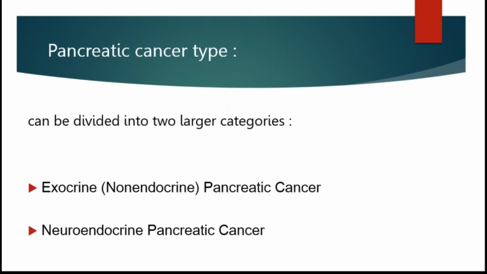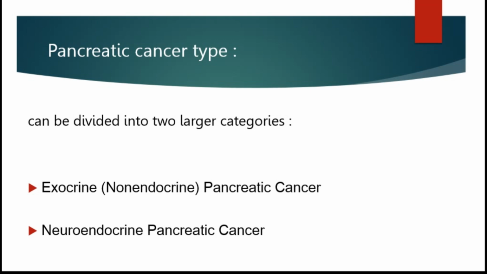Pancreatic cancer. Here is pancreatic cancer. Pancreatic cancer can be divided into two types: exocrine, also called non-endocrine, and neuroendocrine pancreatic cancer. Keep in mind that exocrine pancreatic cancer is the most common type.